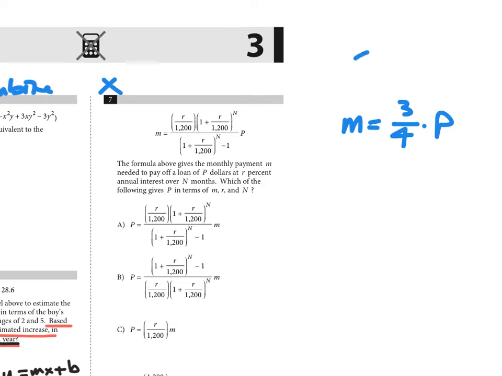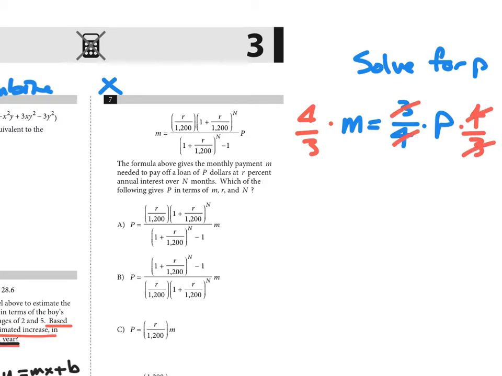And if I wanted to solve this equation for P, then I would multiply by the reciprocal, which is you flip the fraction, multiply by 4/3. Multiply by 4/3. That's how you move those fractions over. The 4's divide out, the 3's divide out. So then you get that P is equal to 4/3 times M.